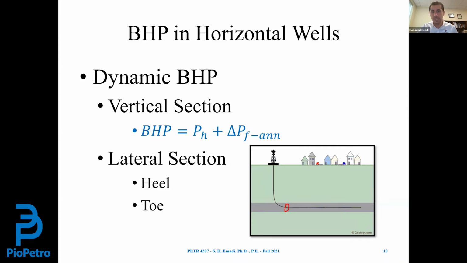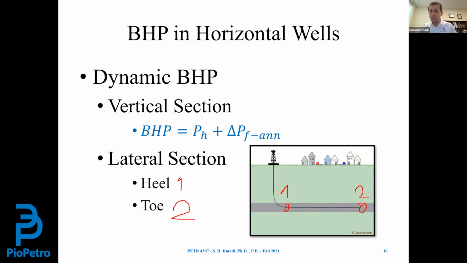So at the beginning of the lateral section, we call it heel, and the end of the lateral section, which is the TD, we call it toe. So all the way from here, let's say heel, I call it point 1, and toe, I call it point 2. So all the way from point 1 to point 2, static bottom pressure is the same.